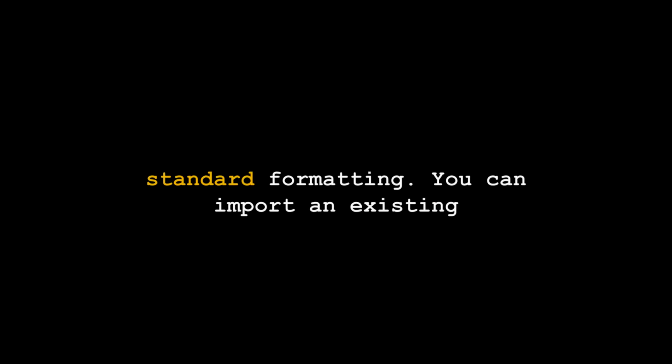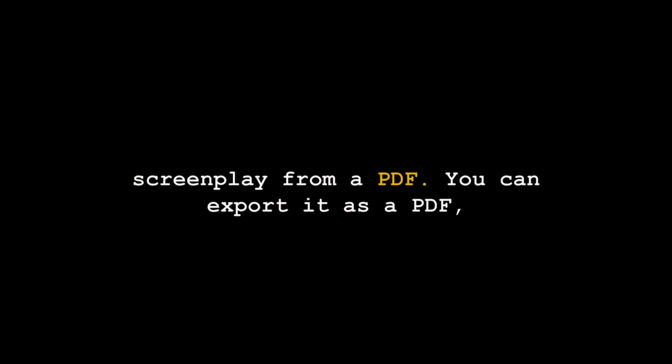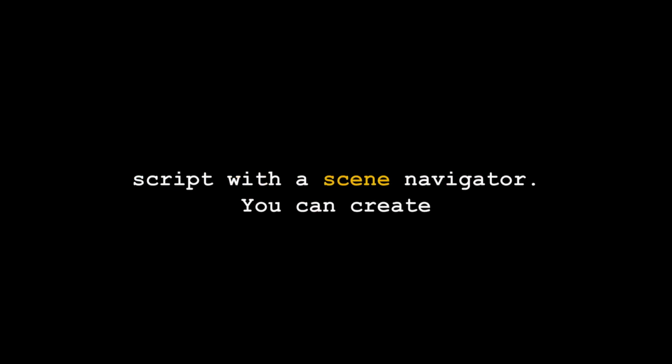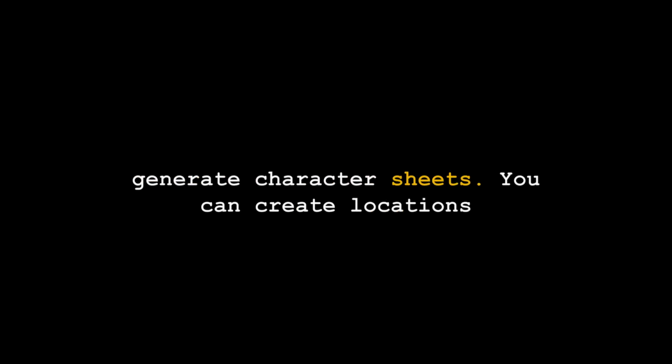You can write your screenplay with proper industry standard formatting. You can import an existing screenplay from a PDF. You can export it as a PDF, Final Draft file, or Fountain file. You can organize your scenes. You can jump around the script with a scene navigator. You can create characters with full profiles, physical descriptions, age, gender, art style, and even generate character sheets.